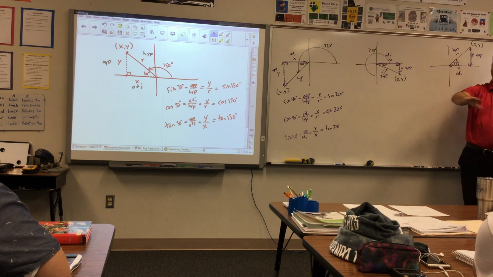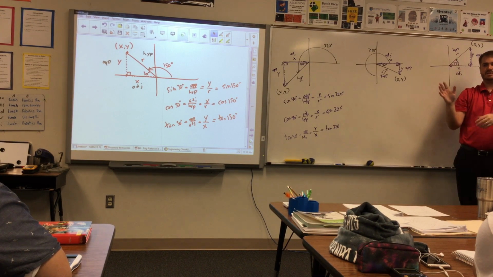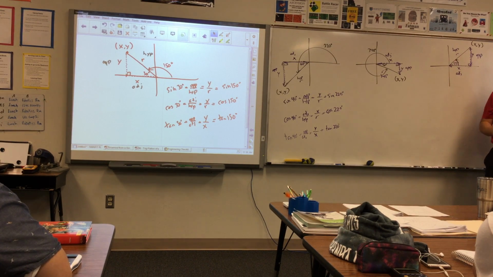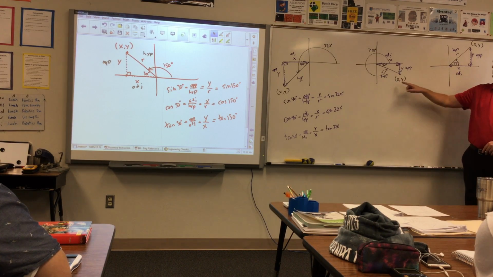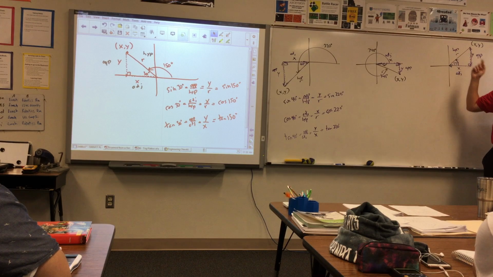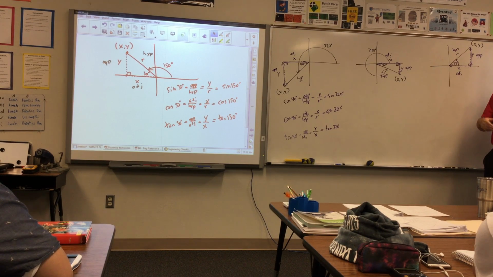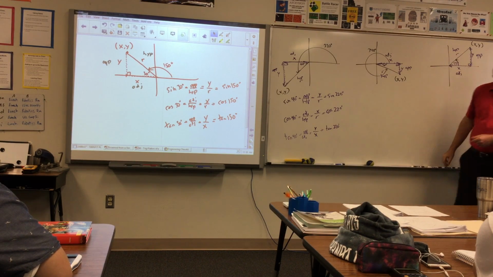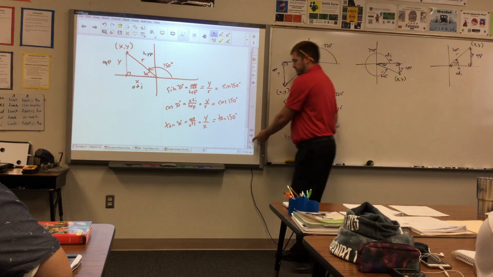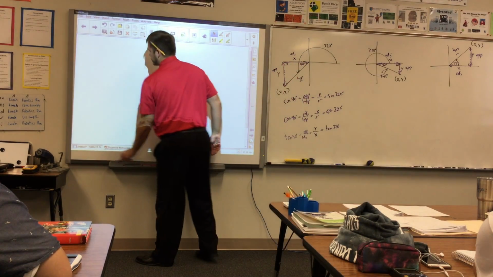It is no longer going to be opposite over adjacent or adjacent over hypotenuse. It's now always going to be described in terms of x's, y's, and r's. Now, can you still draw the right triangle and figure out adjacent? Yeah, you can still do all that stuff if you want to. But you don't have to. If you just know x's, y's, and r's, then you're good.